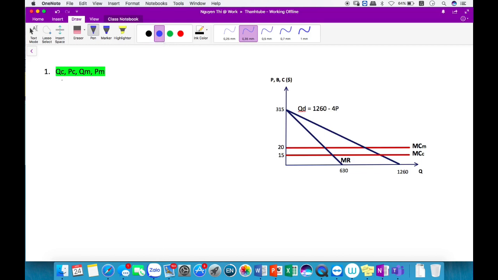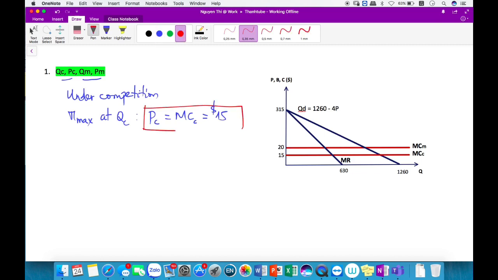Now let's start with our first question. Determine the output and the price under competition and the output and the price under monopoly. Alright. First, under competition, the firm will try to maximize its profit by producing at the output we call QC, at which the price equals marginal cost under competition, and this equals $15. Alright. So this is the price under competition.